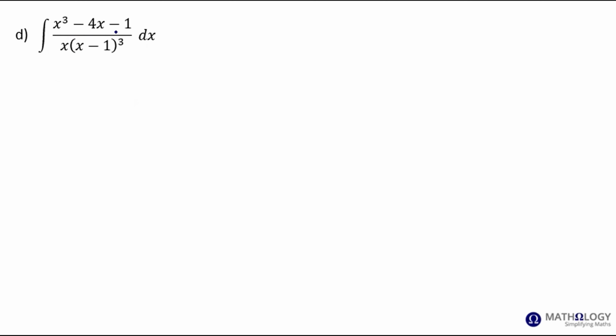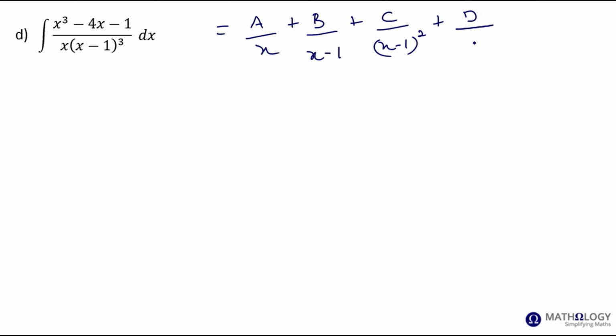X cubed minus 4x minus 1 over x times x minus 1 all cubed, as partial fractions, is written as A over x plus B over x minus 1 plus C over x minus 1 all squared plus D over x minus 1 all cubed.